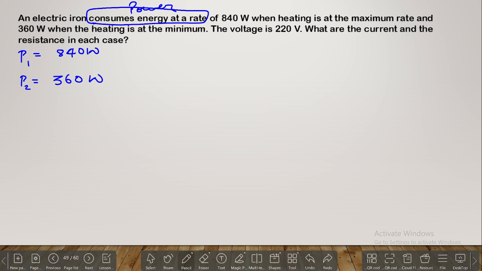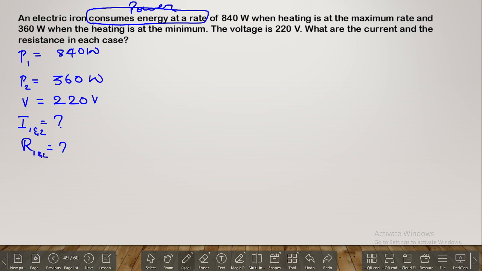The voltage, that means the potential difference, is 220 volt. In the question they are asking for the current in both the cases as well as the resistance in both the cases. That means I1 and I2, R1 and R2 we need to find.